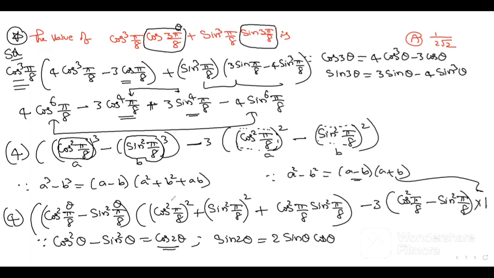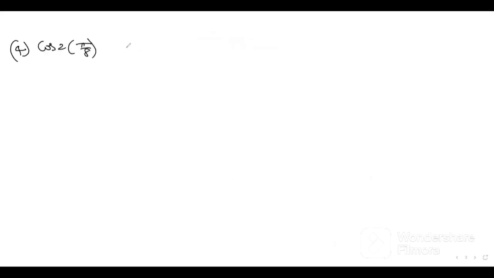Next, now we should apply a square plus b square formula here. This is a, this is b. A square plus b square is equal to a plus b whole square minus 2ab. Here ab place and right, cos square pi by 8 and sin square pi by 8. What we get here?